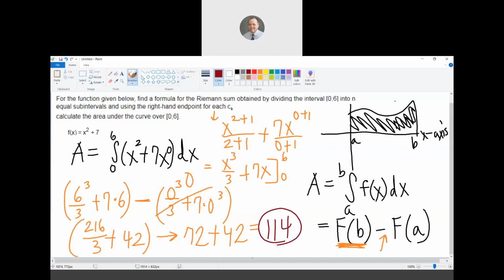Let's try this same theorem with an earlier problem. Hold on just a minute.